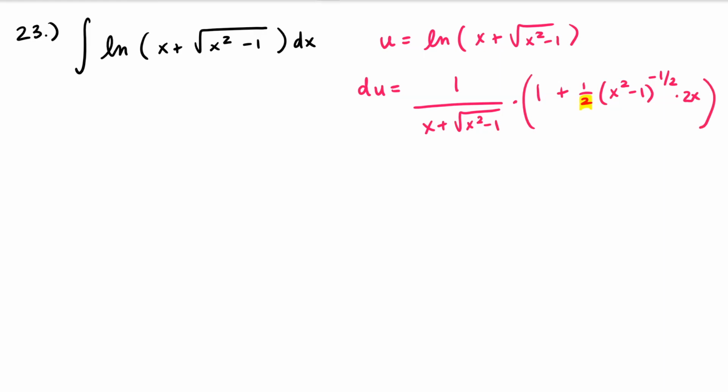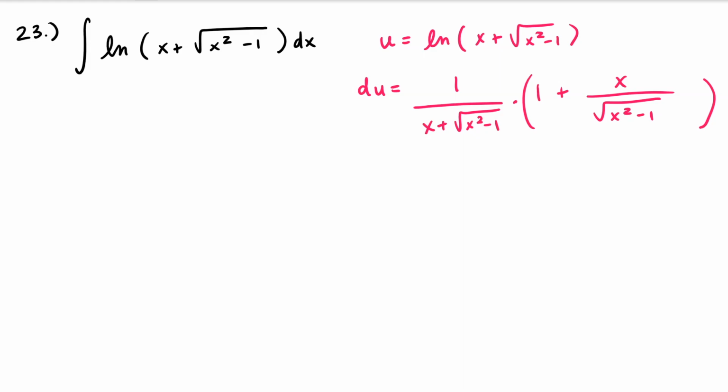Notice that I have a 2 in the denominator as well as a 2 in the numerator, and those are going to end up canceling out. And also, this expression with the negative exponent, I can move that into the denominator. So I'm going to go ahead and rewrite this expression here as x over the square root of x squared minus 1.